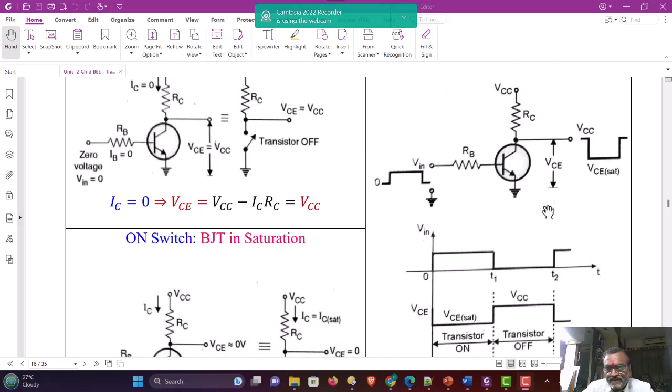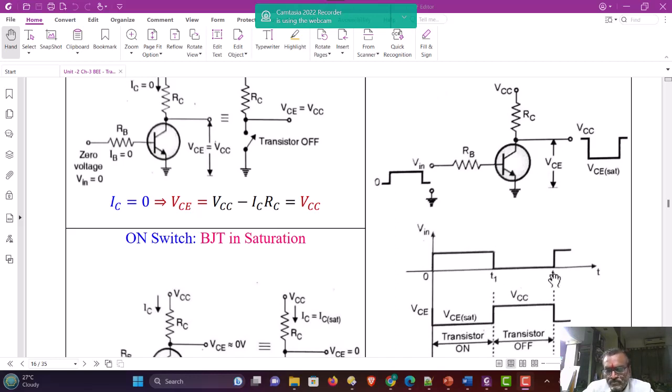And therefore, VC is equal to VCC minus IC into RC. Since ICRC is approaching VCC, VCE will be approaching 0. And therefore, you will see that during this portion 0 to T1, the voltage across the transistor, that is output voltage, will be VCE sat, that is equal to 0.